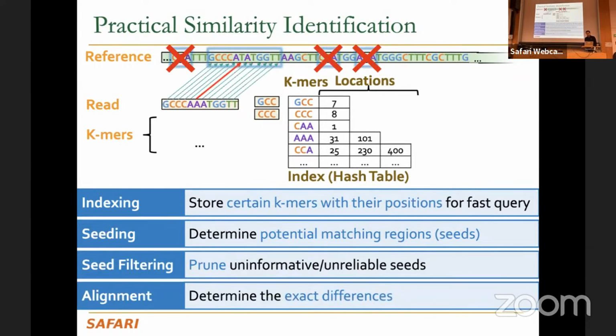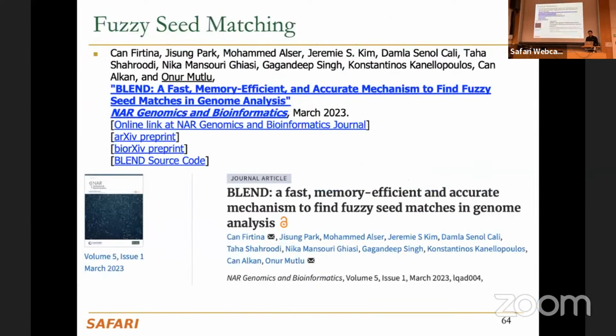Lastly, we perform our approximate string matching, or the alignment step, which is a costly step, but our goal is to reduce its execution as much as possible after seeding and filtering. Then we perform this alignment so that we can identify the exact matches and exact differences between this read and the reference genome at the position where we think this read belongs. So these are the steps in read mapping to make the sequence comparison practical.